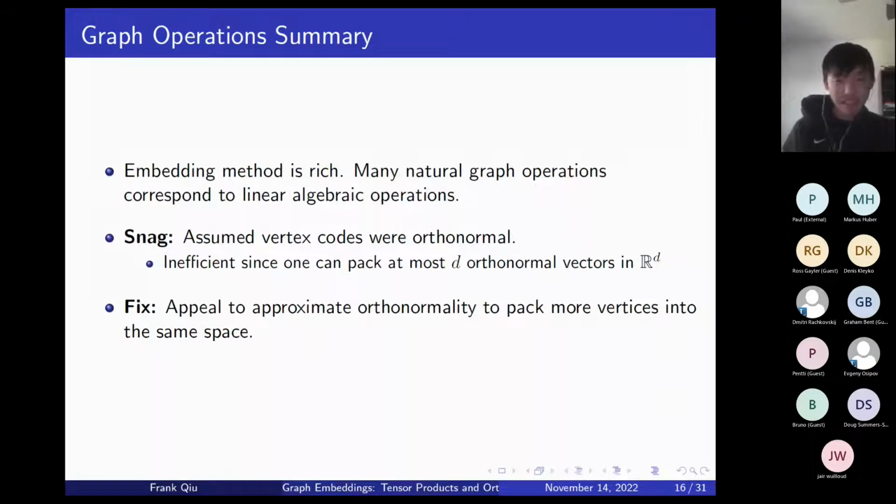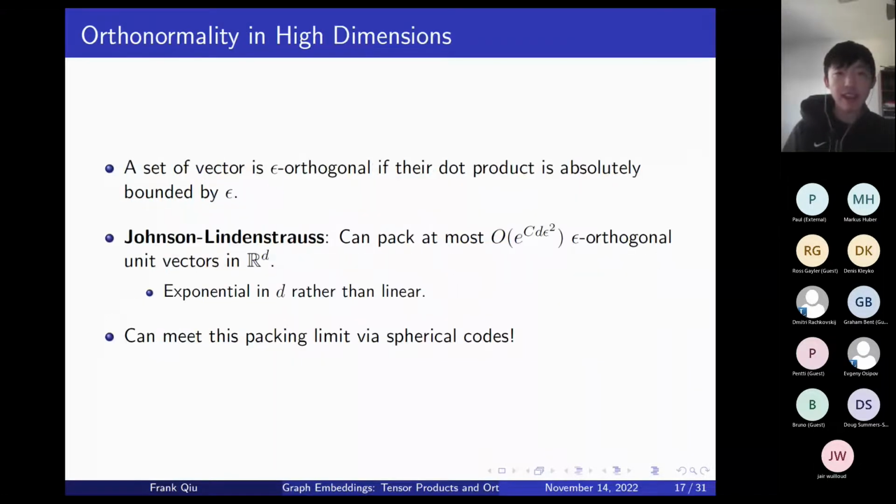Okay. So now let's get into approximate orthonormality in high dimensional spaces. So first, we say a set of vectors is epsilon orthogonal if their dot product is absolutely bounded by epsilon. So, take their dot product, and if it's at most epsilon, they are nearly orthonormal.